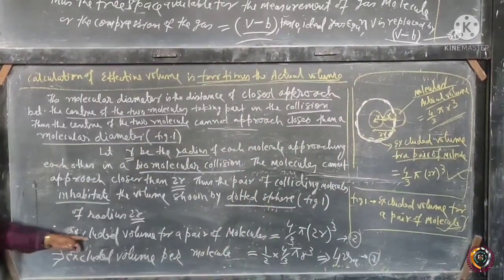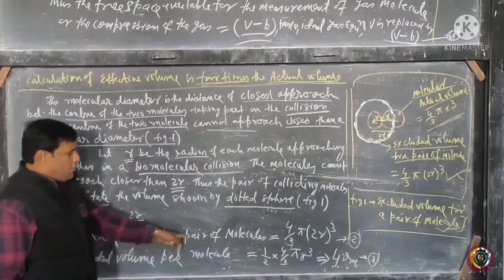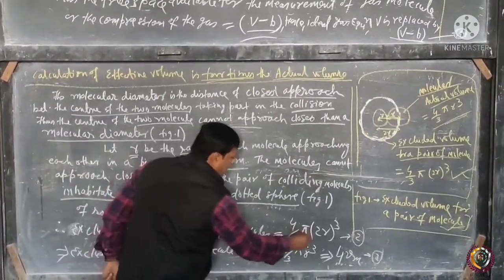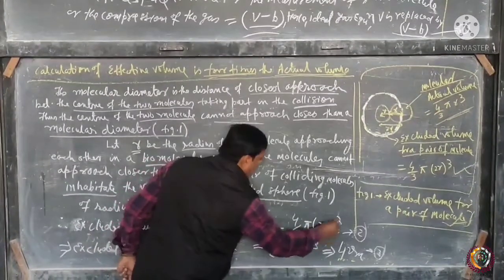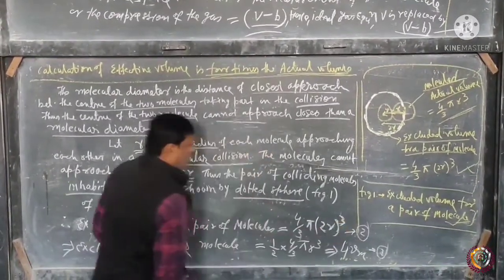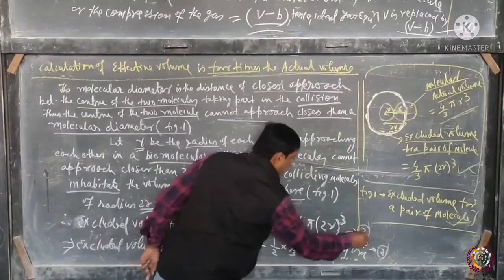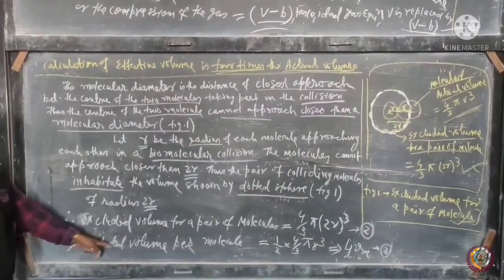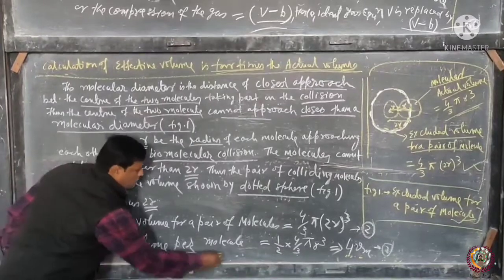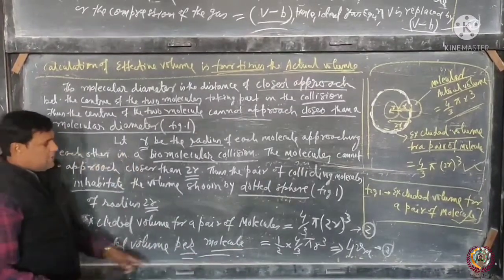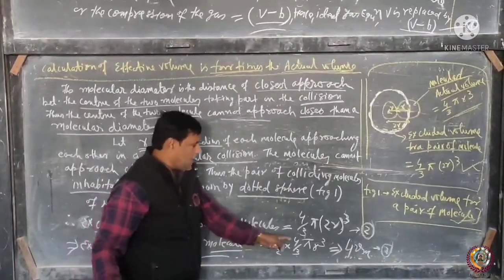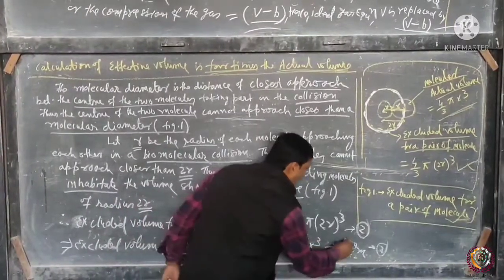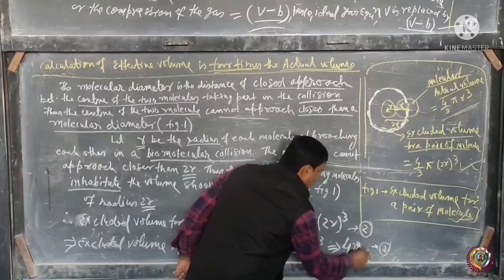Therefore, the excluded volume for a pair of molecules is given by 4 by 3 pi (2r) whole cube, denoted by equation 2. Also, the excluded volume per molecule is given by 1 by 2 into 4 by 3 pi (2r) cube, that is equal to 4v.